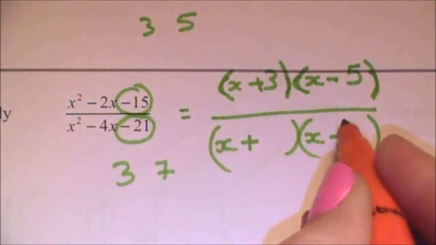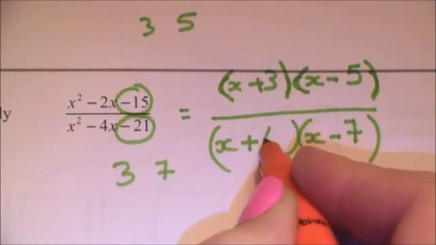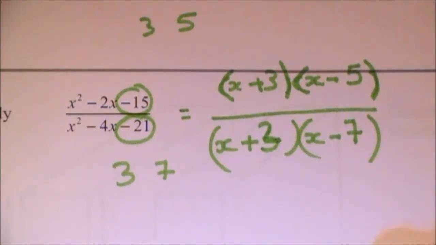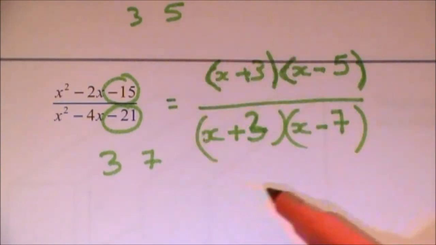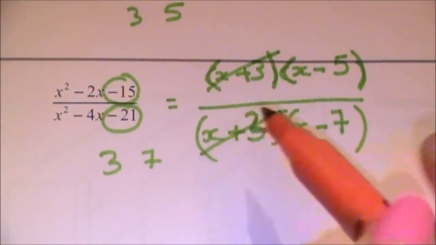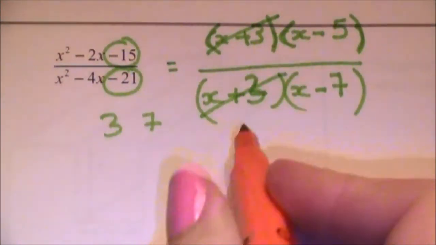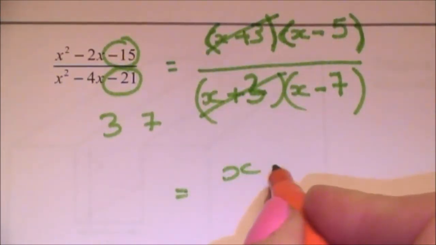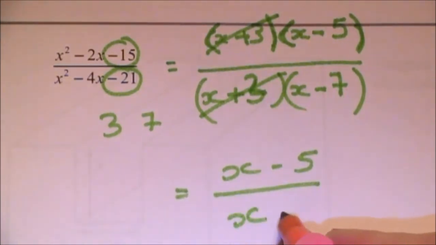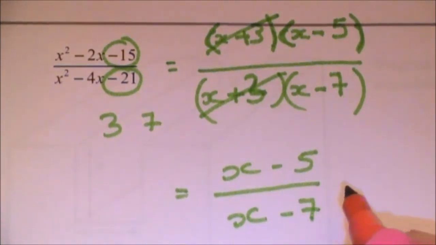So the largest number has to be the negative, and the 3 gets to be the positive. Now, as I'd hoped, I can see that that bracket and that bracket cancel out, and that's just going to leave me with my x minus 5 over my x minus 7.